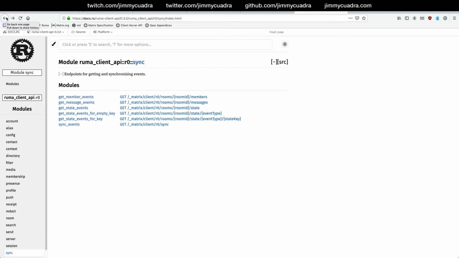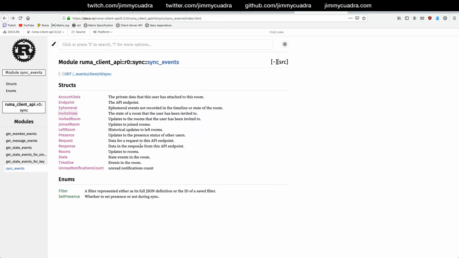You have to be able to deserialize the larger structure, and the way deserialize works is it's just delegating to deserialize implementations of its containing types.